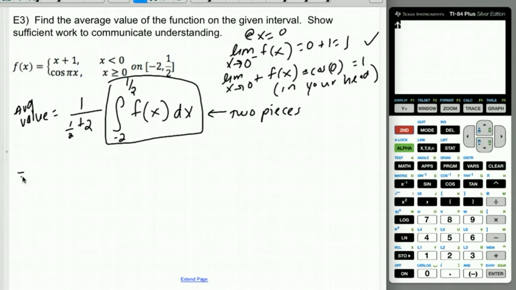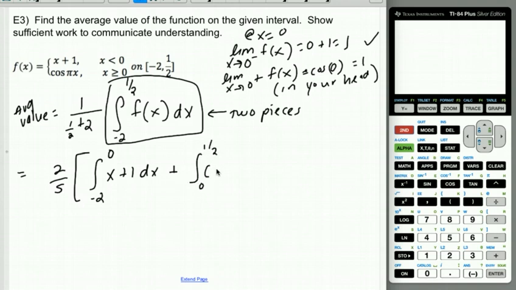So if we clean up this fraction right here, this is a 1 over 2.5, that's a 1 over 5/2, so that's a 2/5. And then this thing is going to split into two integrals, the integral from negative 2 to 0 of x plus 1 dx, plus the integral from 0 to 1/2 of cosine of pi x dx.